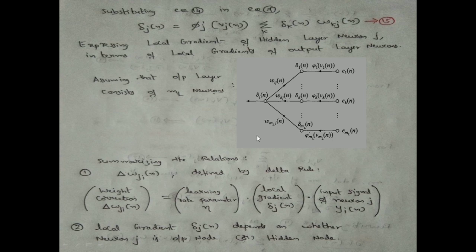Assuming that the output layer consists of ml neurons, this is the local gradient of neuron j, and this is output neuron 1, output neuron 2, and so on up to output neuron k, and so on up to output neuron ml. So the local gradient of this particular neuron j can now be expressed in terms of the local gradients of all these neurons in the output layer.